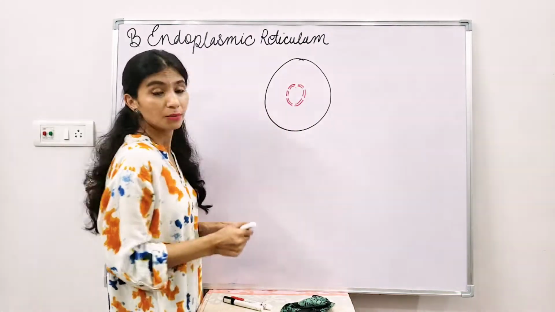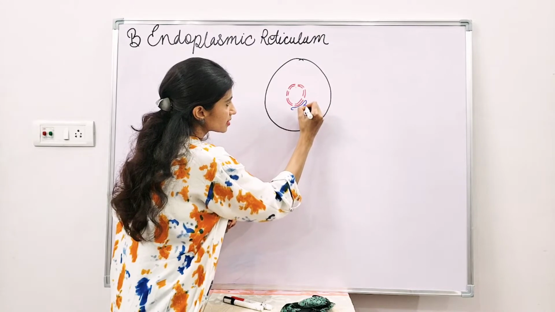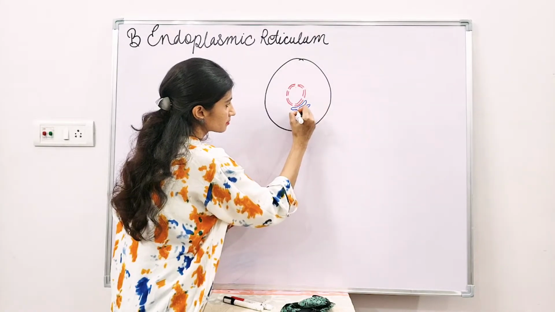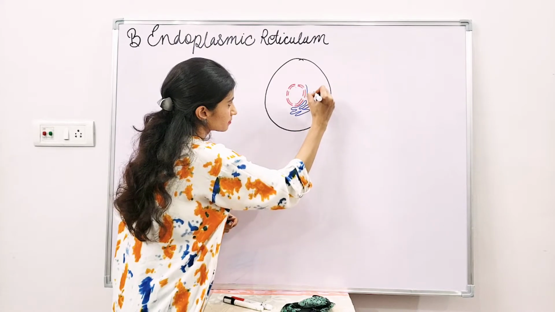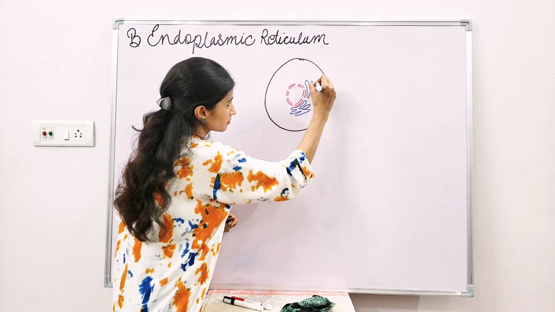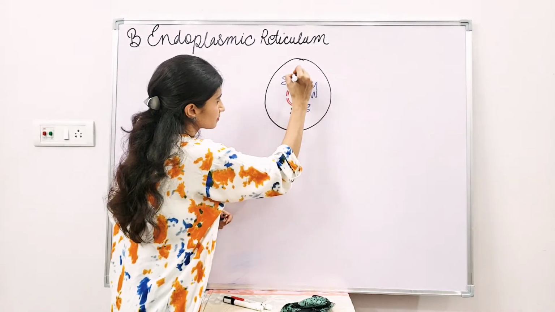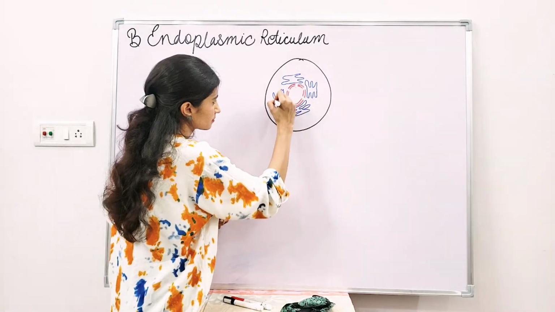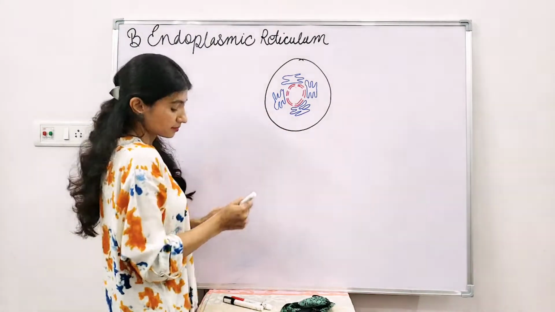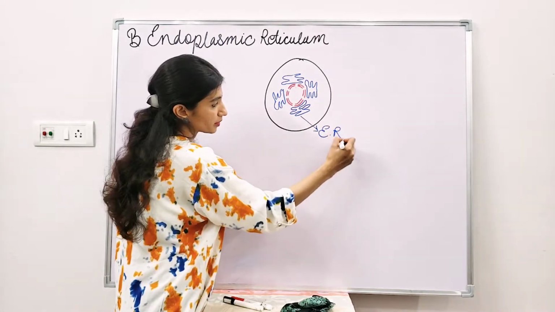Now endoplasmic reticulum. So the endoplasmic reticulum looks like this. Okay, so this one is your endoplasmic reticulum.